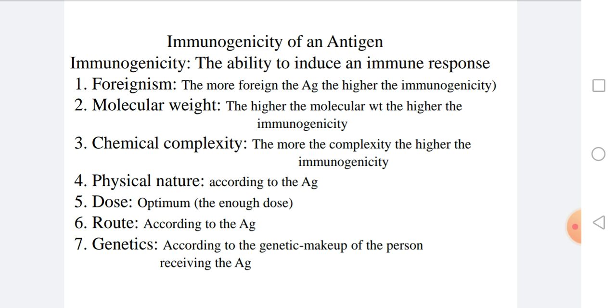Seven, genetics: the genetic makeup of the person receiving the antigen. People differ in their genetic constitution, and also they differ in their response to antigenic stimulation. To the same antigen, different people respond differently.